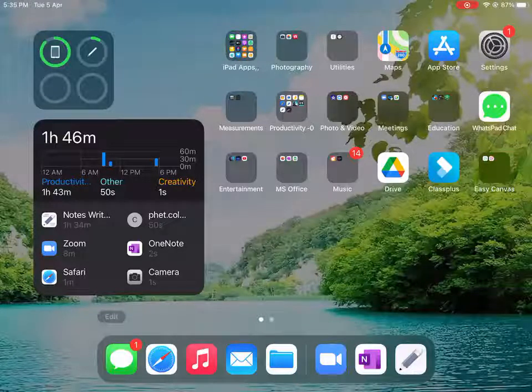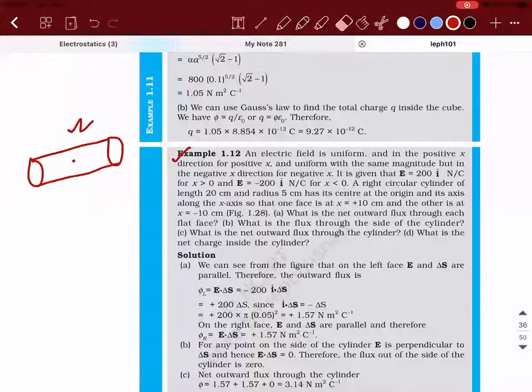Some internet issue. Ah, now you're able to see, no?